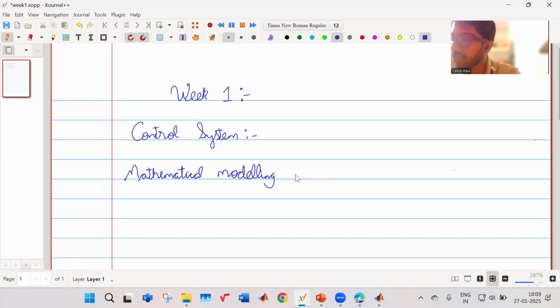As Sir has taught, he has derived the equations of the system based on first principles, to know how a system behaves. Based on that, he has written equations, and from those equations he has got what is known as the state space representation.